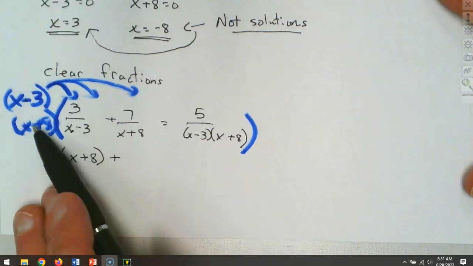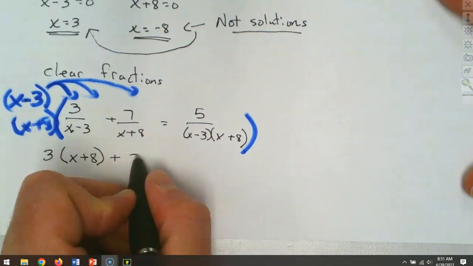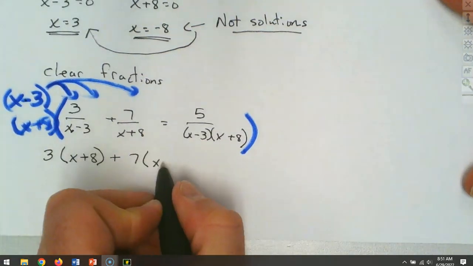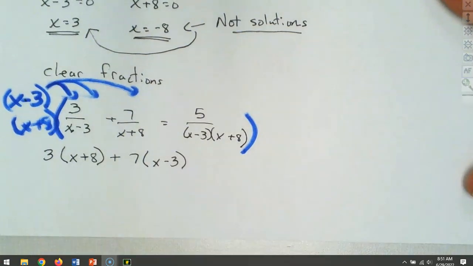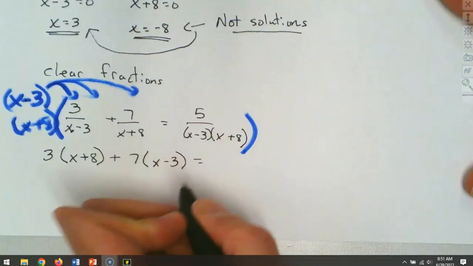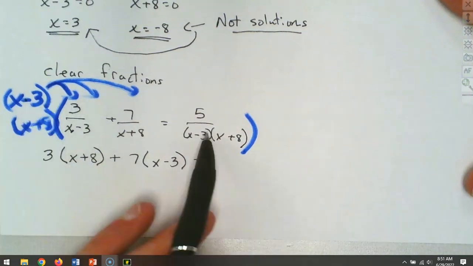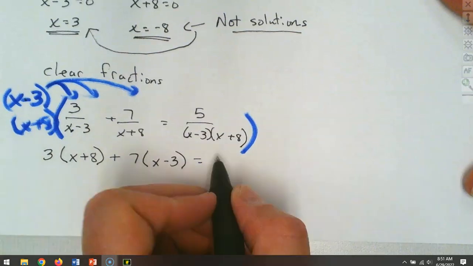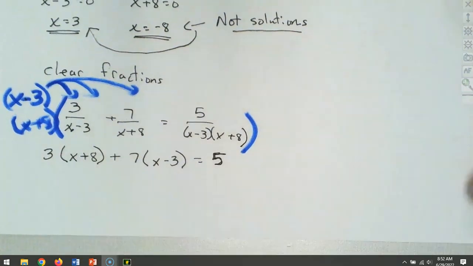And then on the second one, the x plus 8's cancel, and that leaves you with a 7 times an x minus 3, because those cancel. We're still left with that. And then on the right-hand side, the x minus 3's cancel, the x plus 8's cancel, so we're left with a 5. Are you kind of with me so far there?